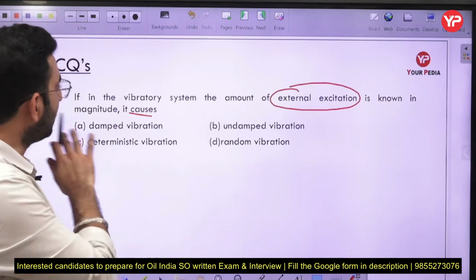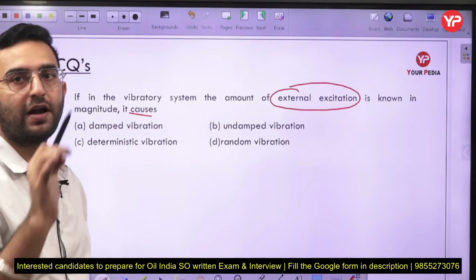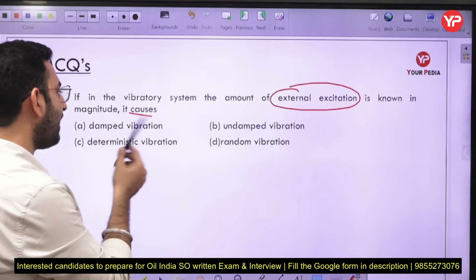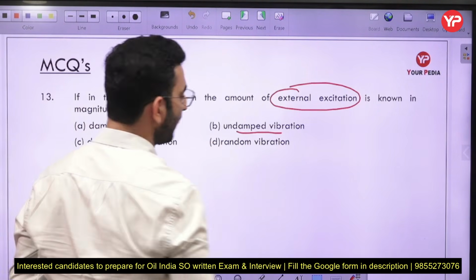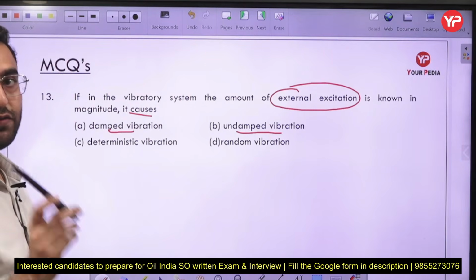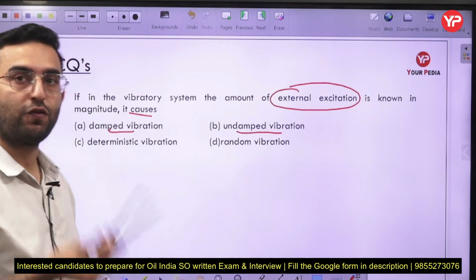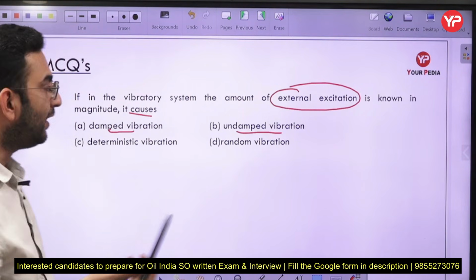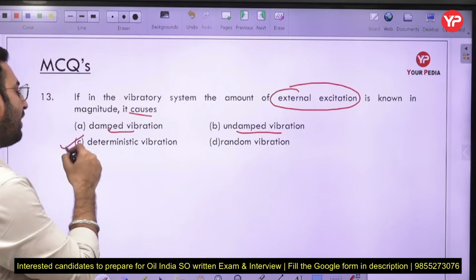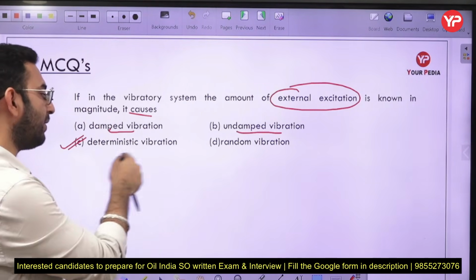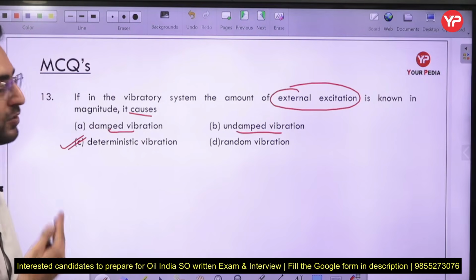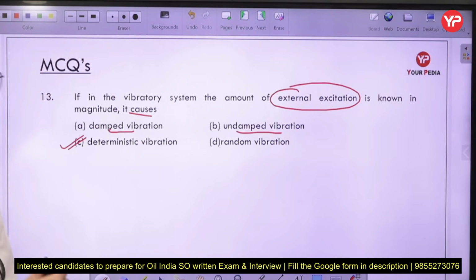Nothing is given regarding the damper, so it may be a case of forced damped vibration or forced undamped vibration. If the frequency with which you are applying the force to the system is known, then you can find out the vibrations and natural frequency also. So that will be a case of deterministic vibrations. So option C will be the correct answer.